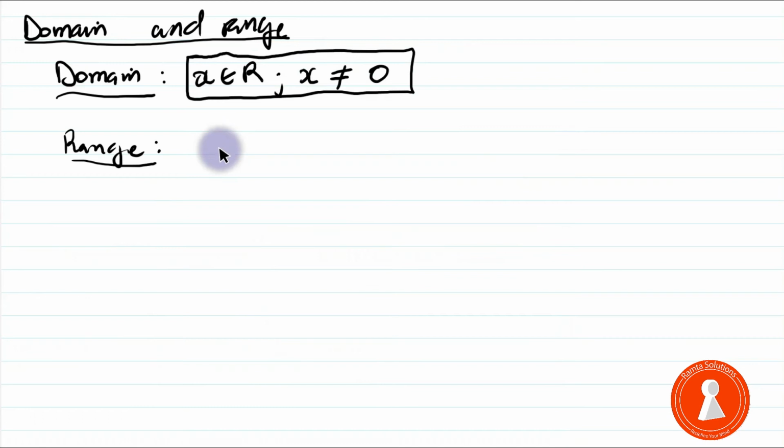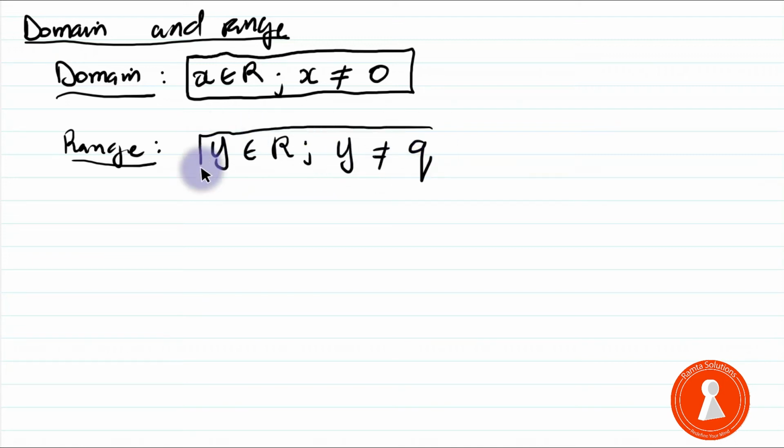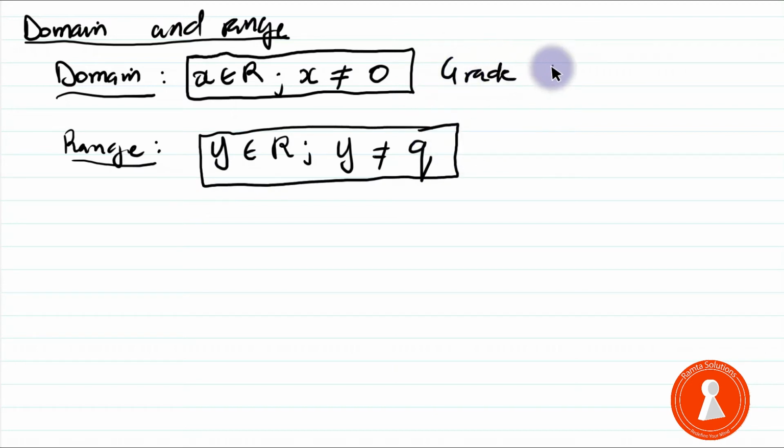Okay? So what is our answer? Y is an element of the real numbers, but y is not equal to q. Now this treasure, you will also use it in grade 11 and 12.